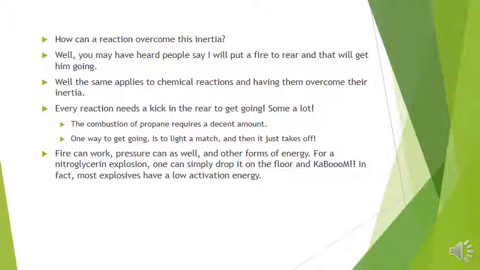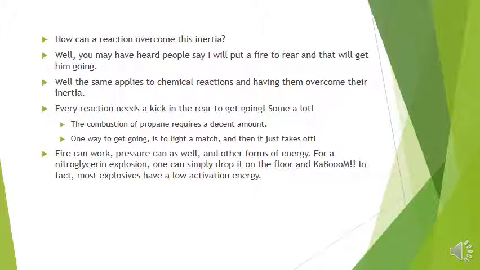Well, you may have heard people say they'll put a fire to your rear and that will get you going. Well, the same applies to chemical reactions and having them overcome their inertia. Every single chemical reaction needs a kick in the butt to get going. Some need it a lot. For instance, combustion of propane actually requires a good kick in the butt.